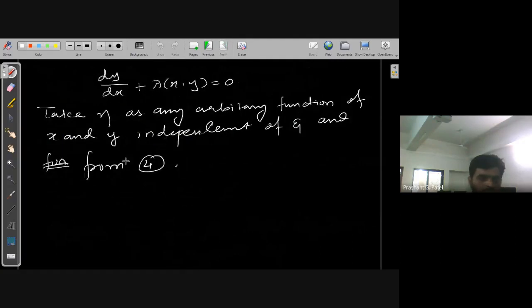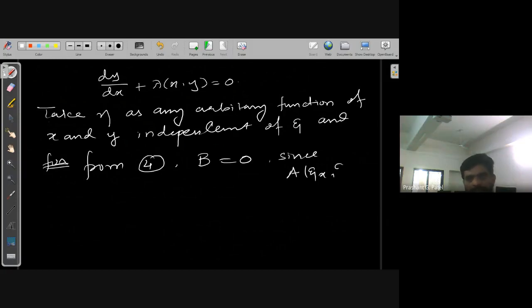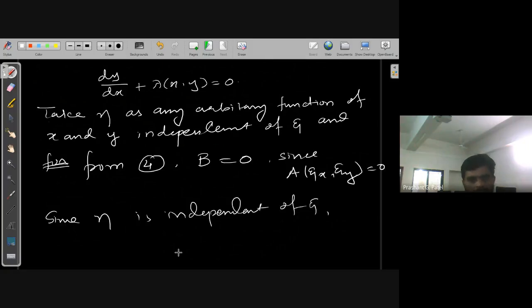So from 4 we can say that b is 0, since a of xi x, xi y is 0. The value of a is 0. And since this eta is independent of xi, a of eta x, eta y will be non-zero.